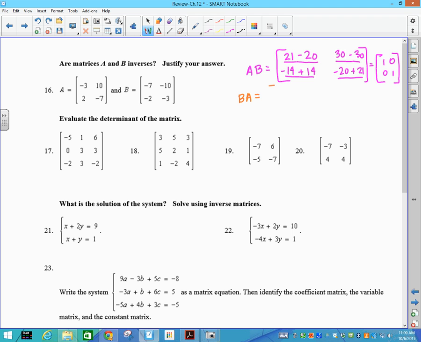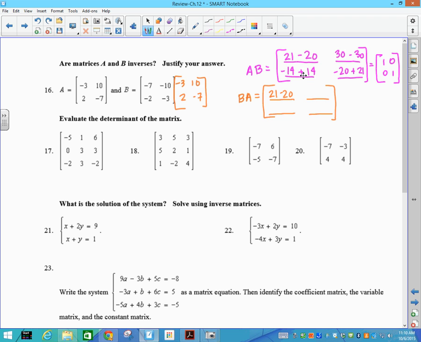So B times A equals, again, 2 by 2, but I'm showing it out just so that you can follow and make sure you know how to do the problem. B times A. Now to do B times A, I need to write A next to it because I can't do it the other way. So negative 3, 10, 2, negative 7. So that's 21 minus 20.